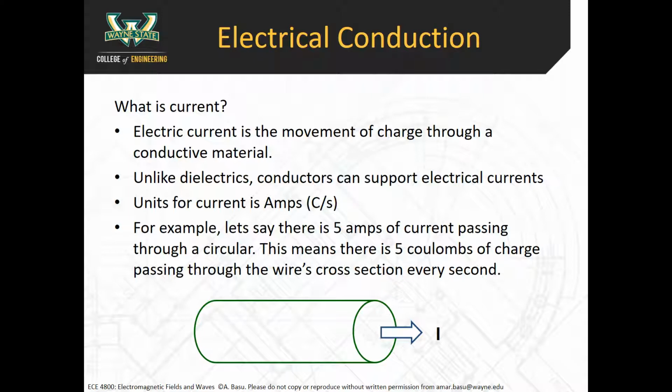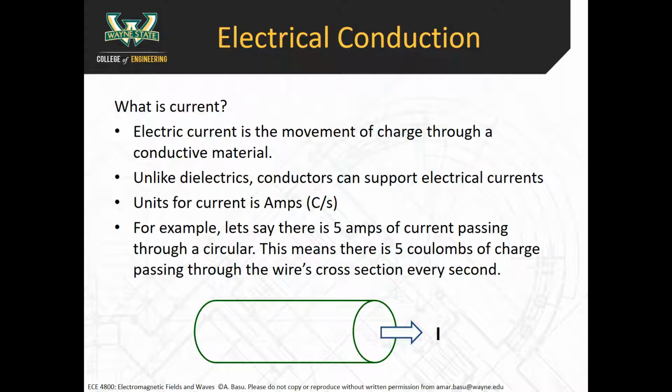I say electrons because most of the time we're talking about metals, and electrons are the charge carriers in metals. If we're talking about semiconductors, there can be positive and negative charge carriers. I'll talk about that in a second. But electric current is essentially the movement of charge through a conductive material. What differentiates conductors from dielectrics is that they can support electrical current, so they have a conductivity.